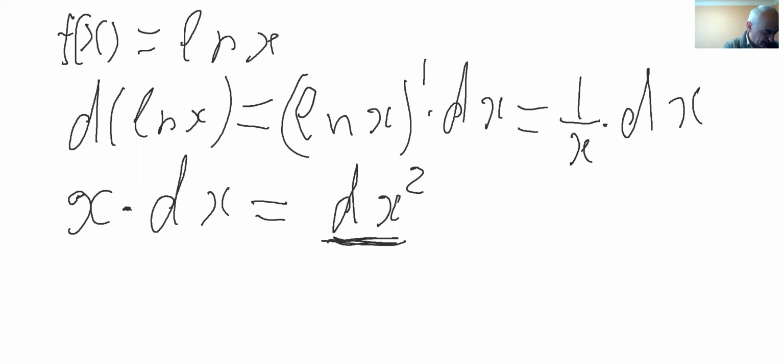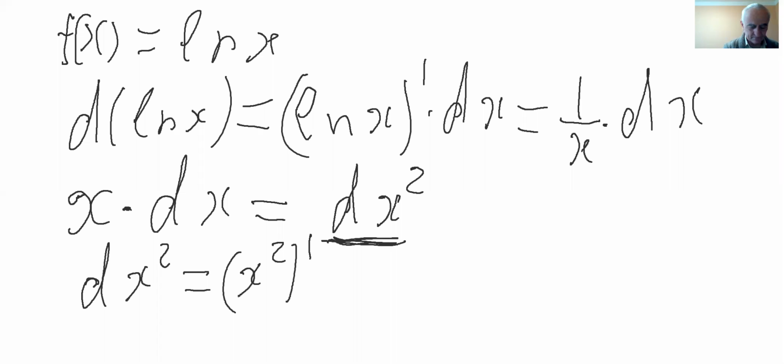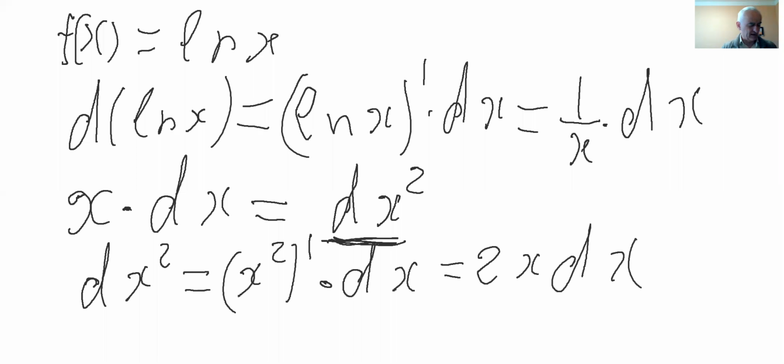If I find d x square, it's the derivative of x square times dx, and it's going to be 2x dx. So it looks like they are not equal.